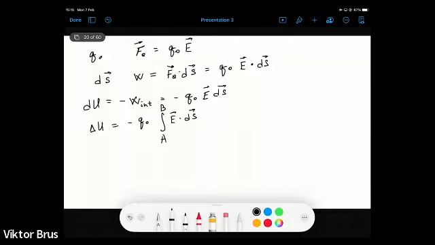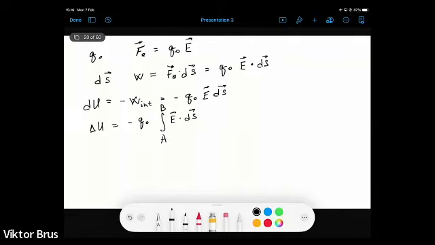So now, when we know how to define change in potential energy of a test electric charge in some external electric field, we can proceed further and introduce a new parameter, which is potential.